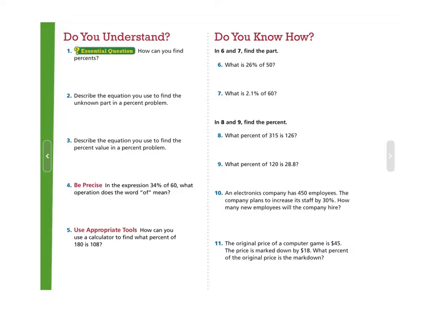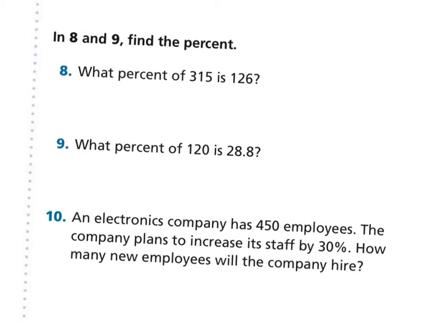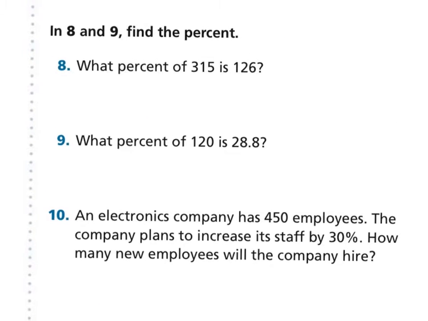Look on page 364, Do You Know How, and let's go to number 8. They're asking us to find the percent. Number 8: what percent of 315 is 126? Again, we can create the equation that we talked about, and then solve it to figure out what the percent is.